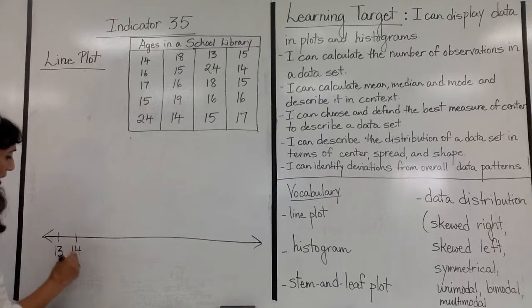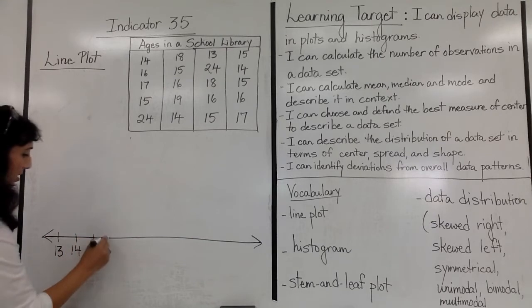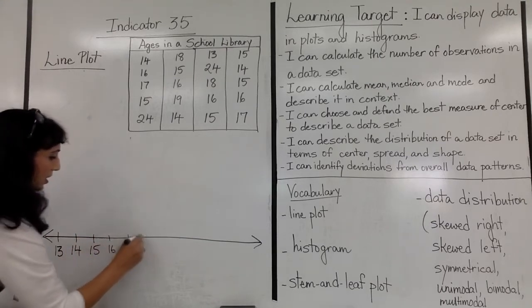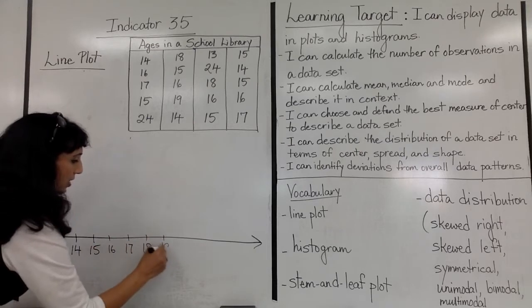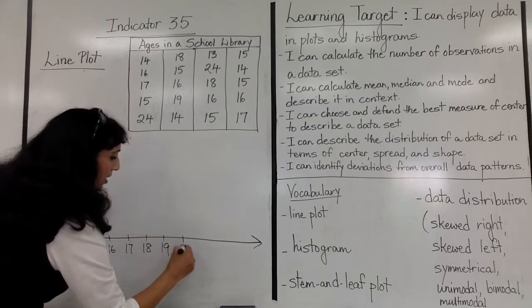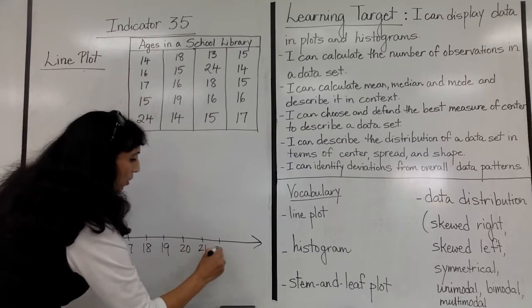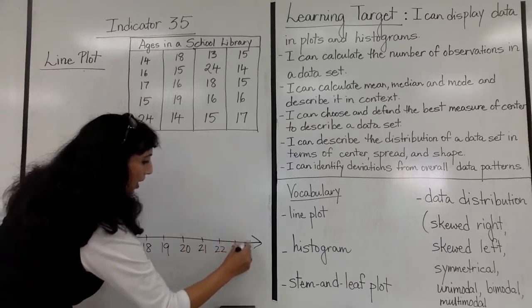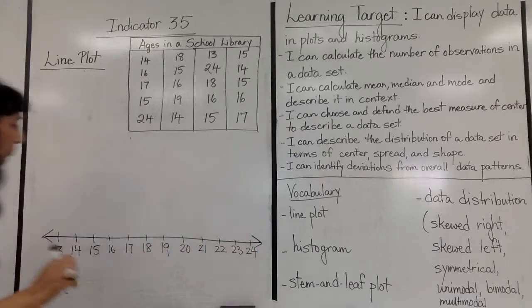So 13, 14. Now, if you're counting by twos, that's fine. Whatever interval you use, please use the same interval in between. But I'm doing 13, 14, 15, 16, 17, 18, 19, 20, 21, 22, 23, and the highest I needed was 24.